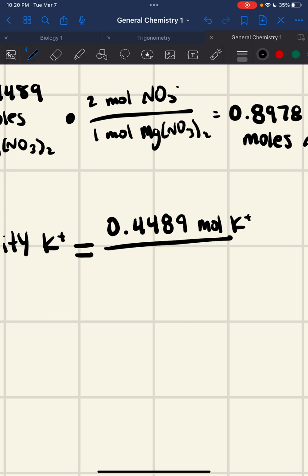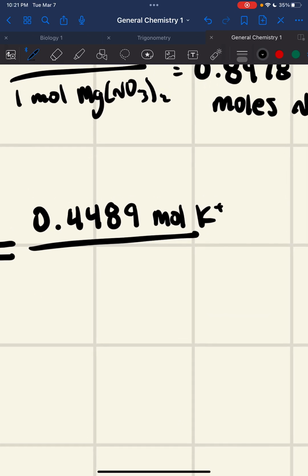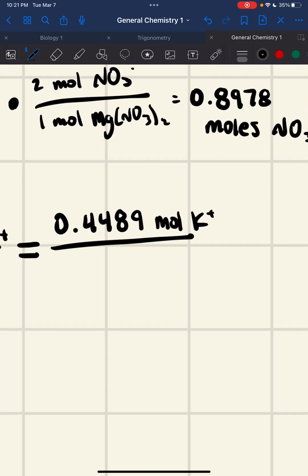So I'm just going to go ahead and add, just so I don't have to do too much more math, 0.6700 plus 0.6700, and then it's going to be 1.34. It's going to be my total volume in liters.